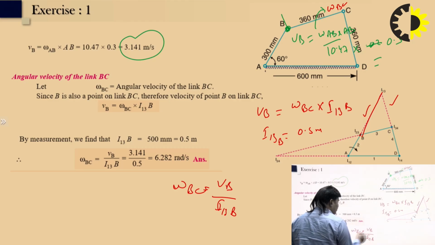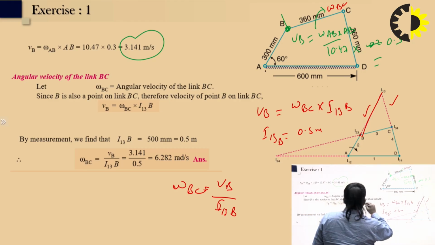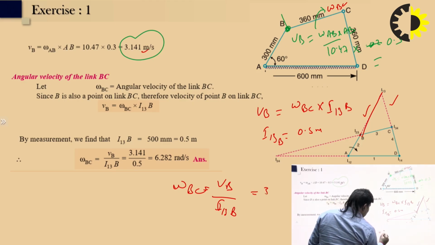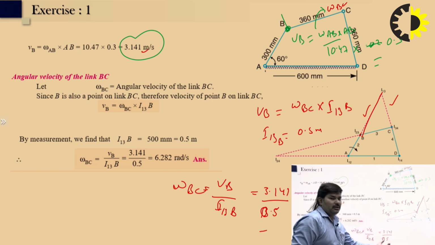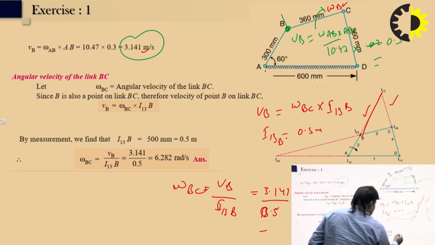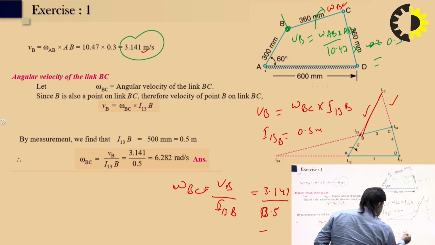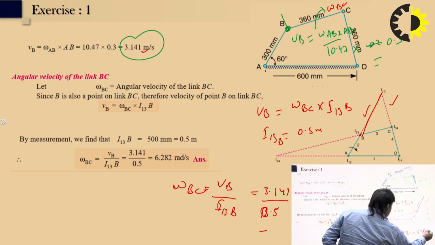The velocity of B you have already found, 3.141, divided by I13B, that value of 0.5, which comes from the measurement, right? So the omega of BC equals 6.282 radian per second.